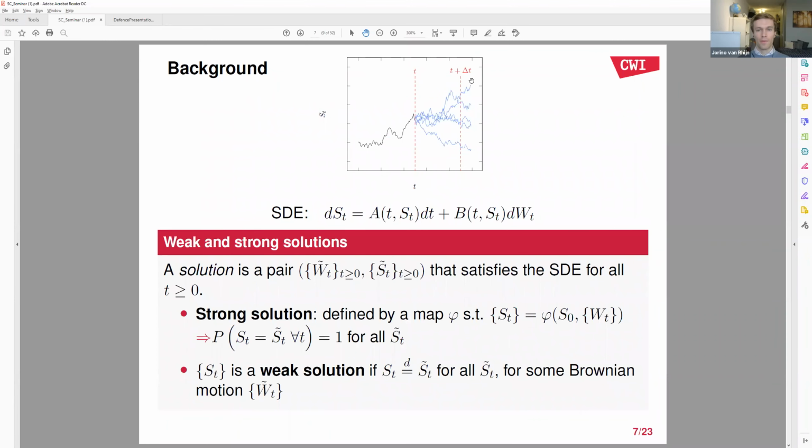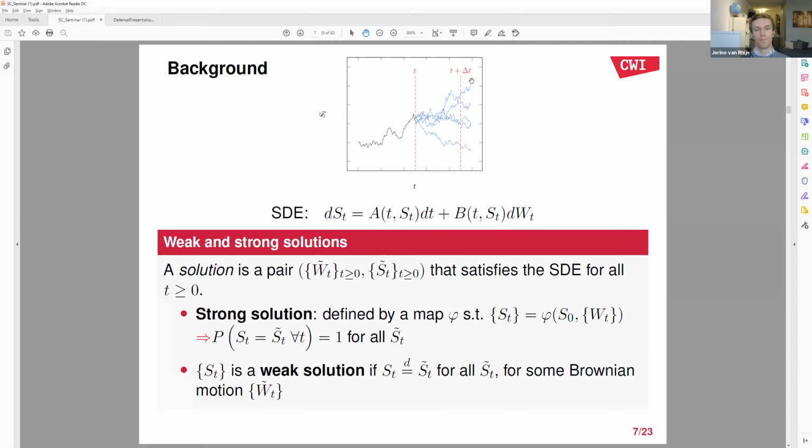So there's one more thing that we need to understand about SDEs. Normally for an ODE, if you satisfy your initial condition and you satisfy the dynamics, then you have enough information, you've solved the problem. But for an SDE, everything is stochastic. So we're not just there yet if we only consider the dynamics themselves.